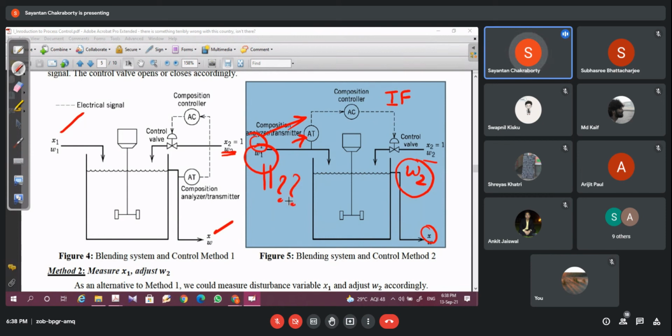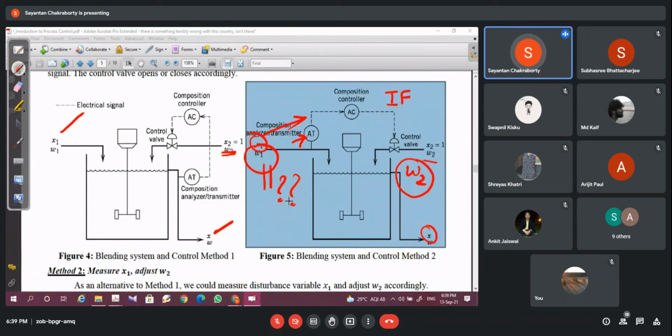Because there is no provision for measuring this w1. If x1 remains constant, w1 changes, x is not measured. See, here x is not measured at all. So w1 changes. You are saying, okay, x1 তো ঠিকই আছে, তাতে কোনো কারেকশনের দরকারই নেই, তাই না? তো w1 যদি চেঞ্জ হয়ে যায়, সে তুমি ডিটেক্টই করছো না, not detecting w1. So what will happen?